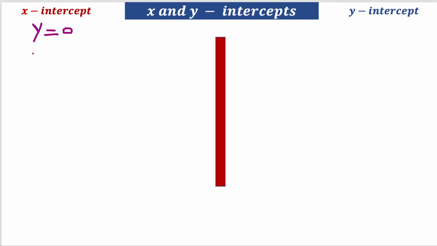If y is equal to 0, we're going to have 0 is equal to x to the exponent x. And if we convert this into a log, we're going to have log base x of 0 is equal to x.